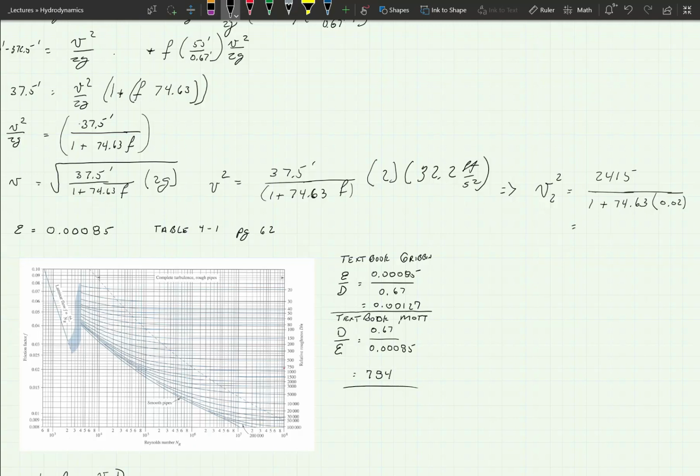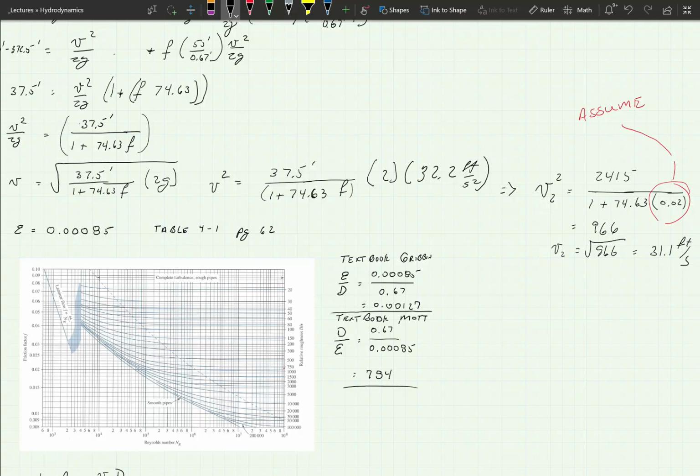Let me put a note right here. That'll give us an answer that turns out to be 966. And then V2 is the square root of 966, which will be 31.1 feet per second.